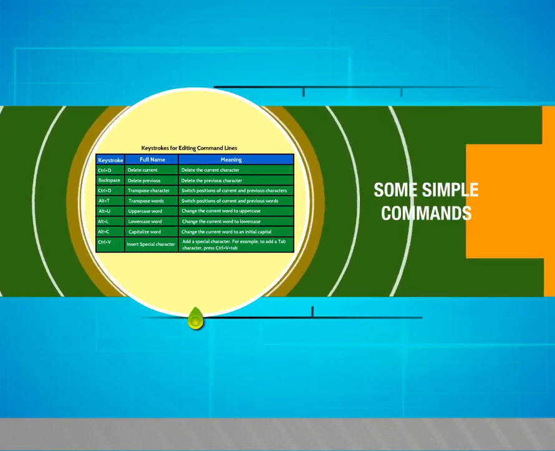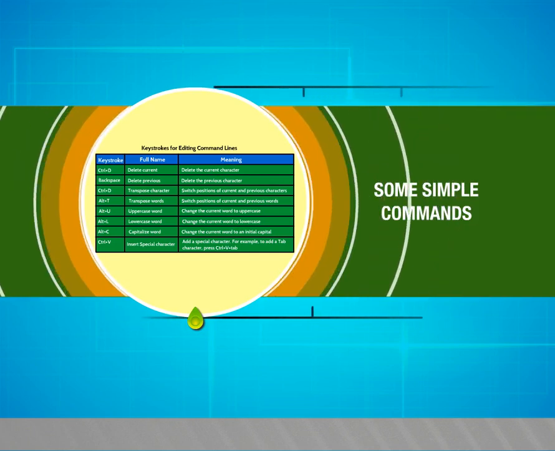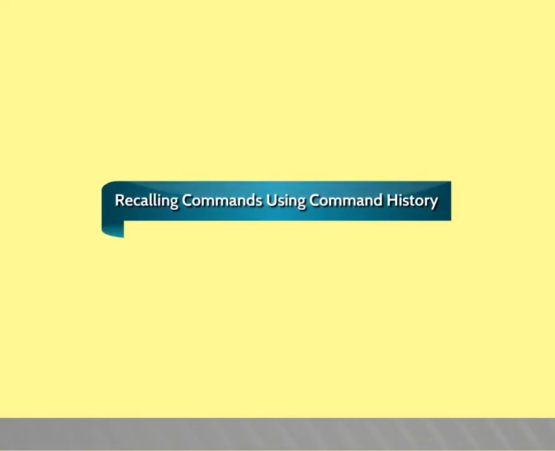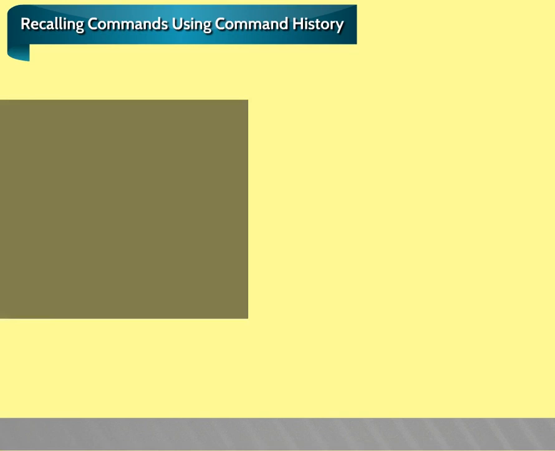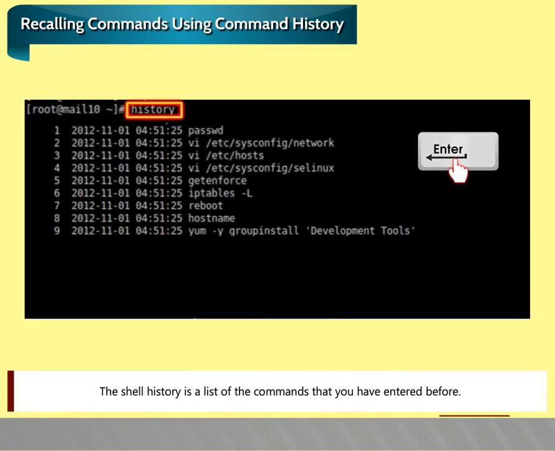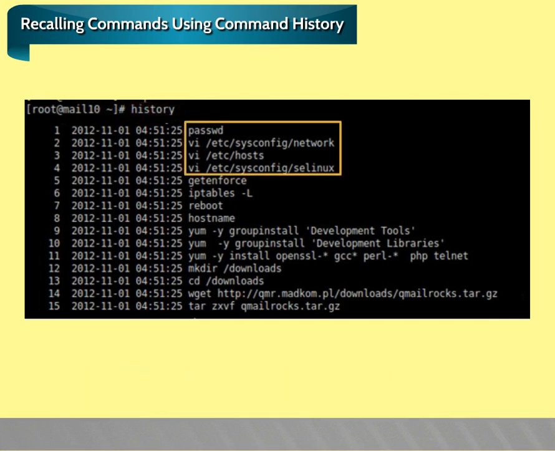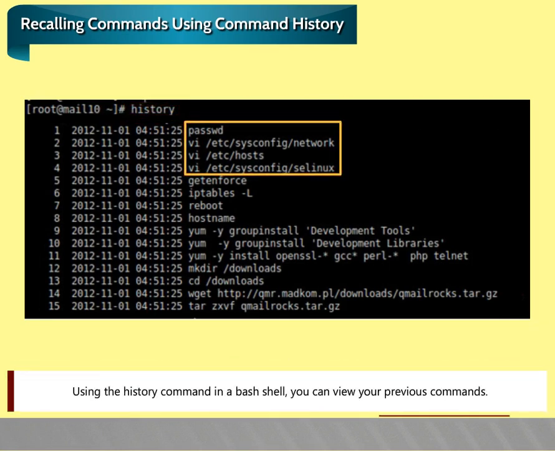Some simple commands. In this video, we are going to see about some simple commands. Recalling commands using command history. The shell history is a list of the commands that you have entered before. Using the history command in a bash shell, you can view your previous commands.